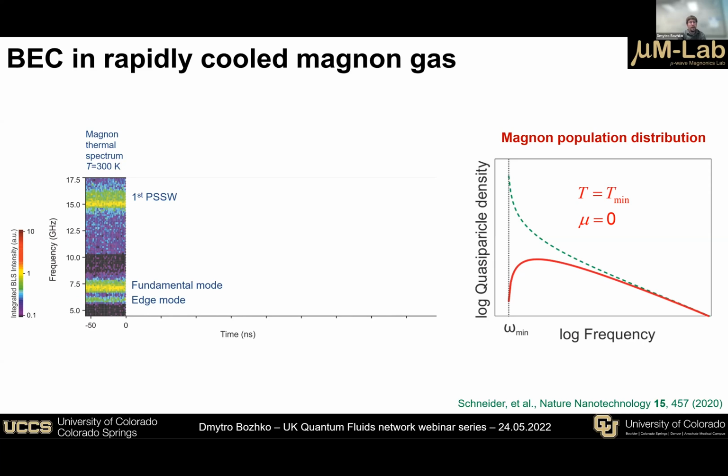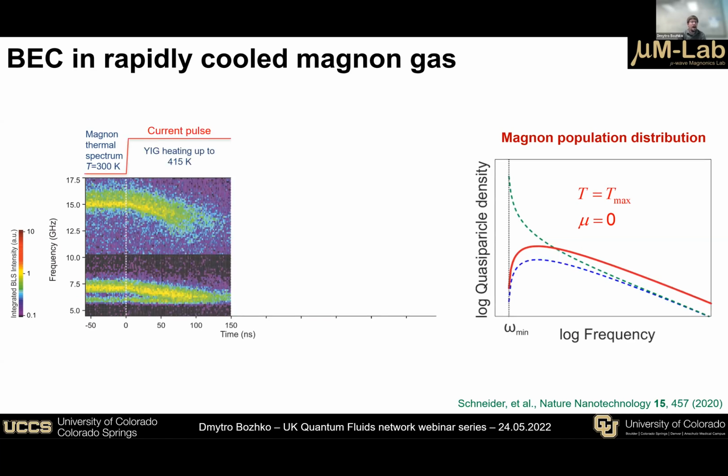When we heat up our system, since it's a ferromagnet, the magnetization goes down, and we heat up almost to the Curie temperature. You can see that the BLS signal almost vanishes because of the magnetization going down, and that's why the frequencies go down as well.